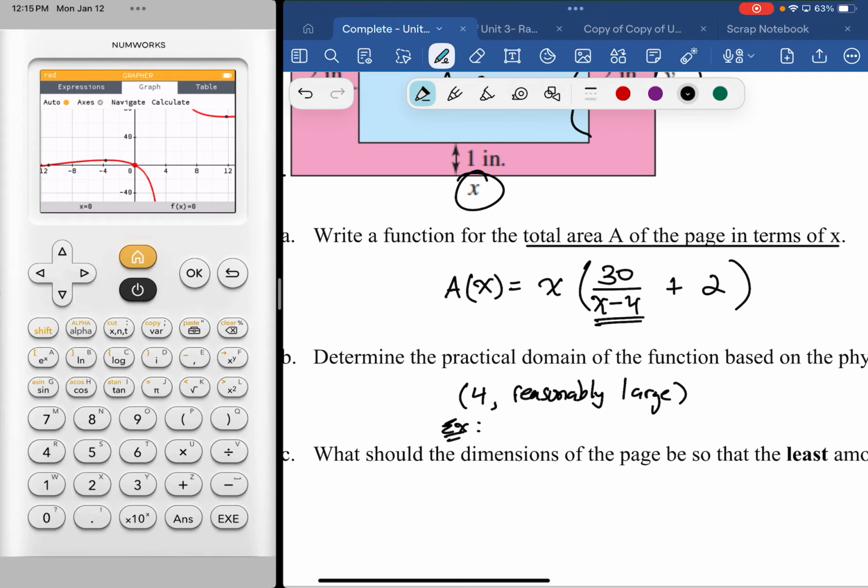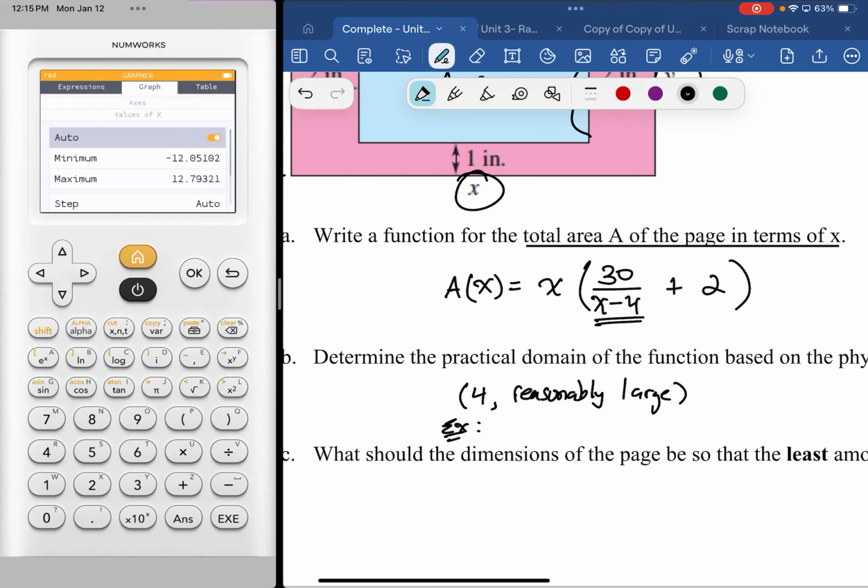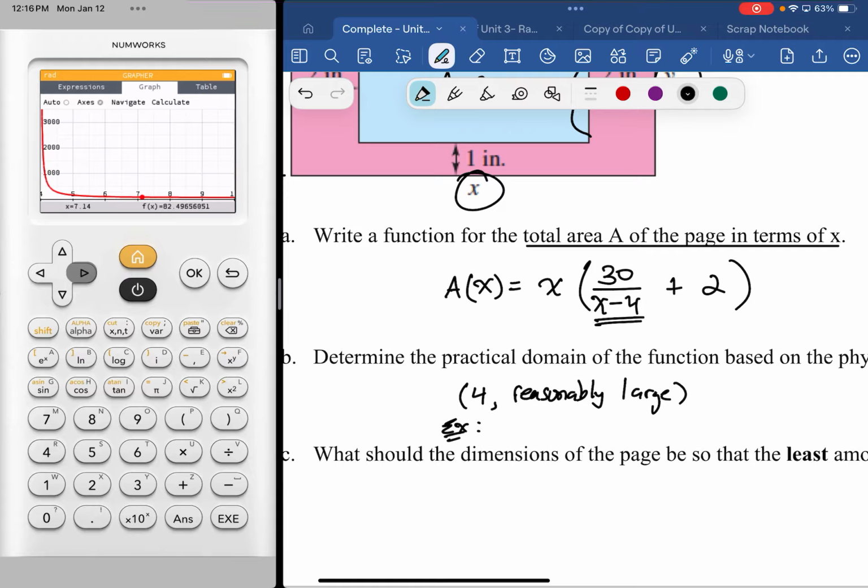So I would go into axes. For values of x, I'm going to make my low bound 4. And my upper bound, I think I said 10 before, I'll put in 10. It may not be big enough. That's all right. I'm going to leave y values on auto. It actually gets the job done, I think, for the most part.